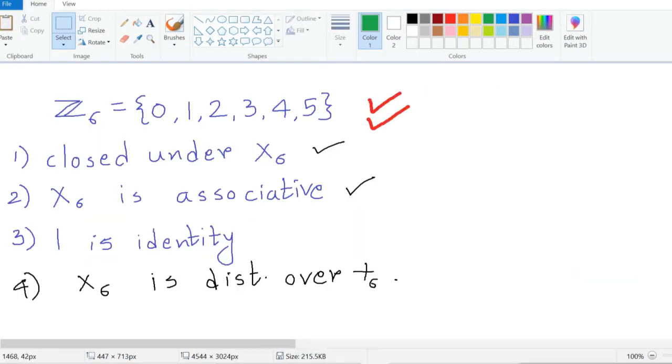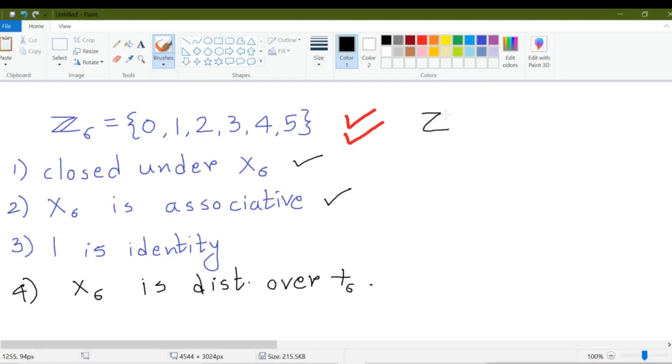After watching these properties, we can easily say that Z6 is a ring, since Z6 with addition modulo 6 is a commutative group. It is closed under multiplication modulo 6.